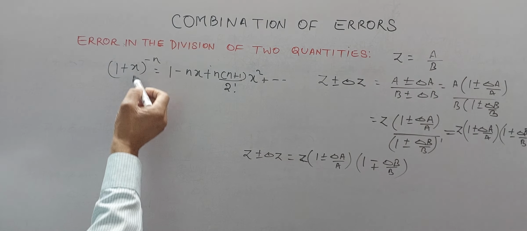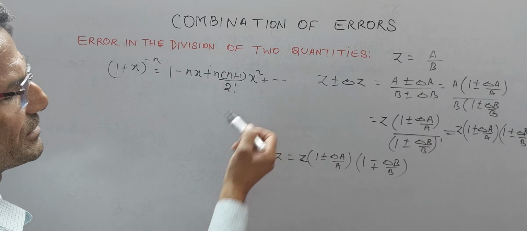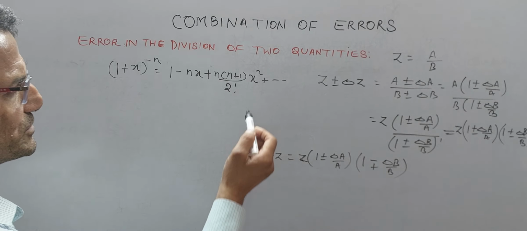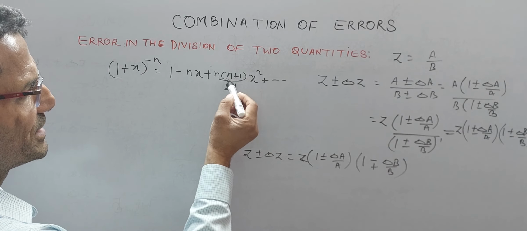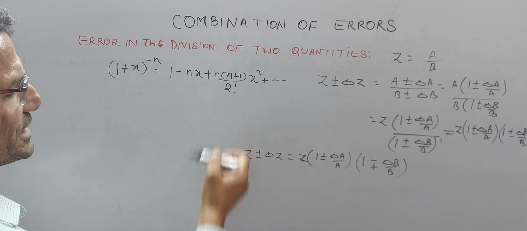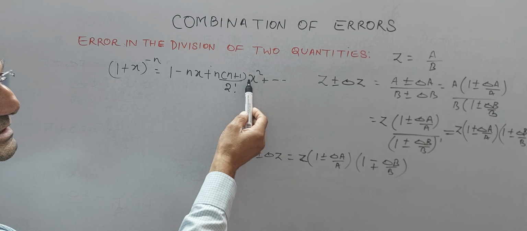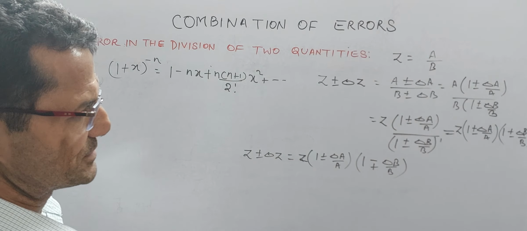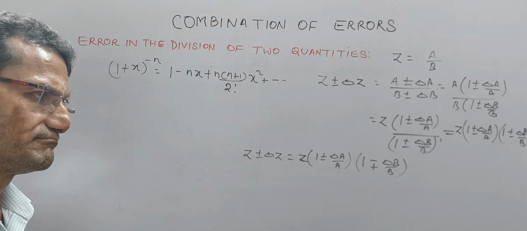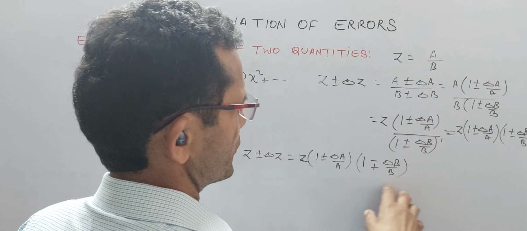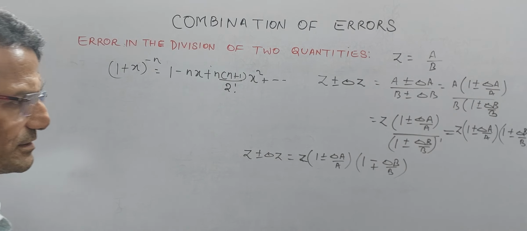Now if x is very small, we can exclude the terms after these because they are negligible, x square is negligible and x cube also negligible. So I have taken only the first two terms, not beyond.